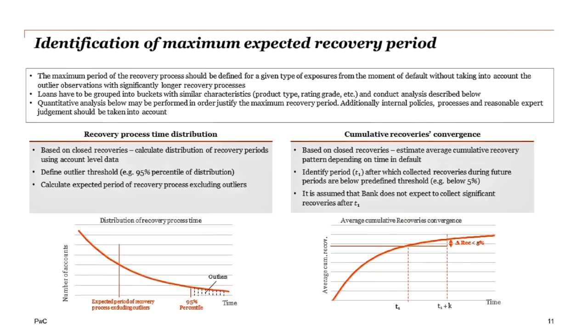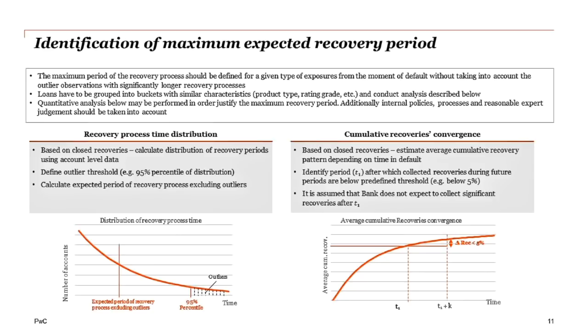Last but not least, on my part, before I hand over to my colleague Lisa, the identification of the maximum expected recovery period is relevant for us because that will give us the exact timing when the recovery period should end and how long the recovery period should be in more or less general terms.